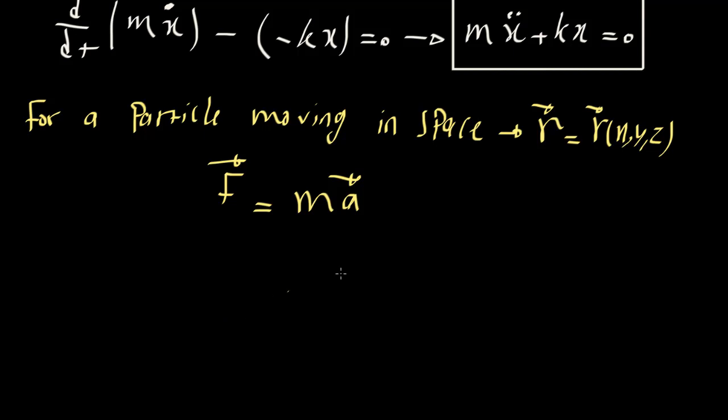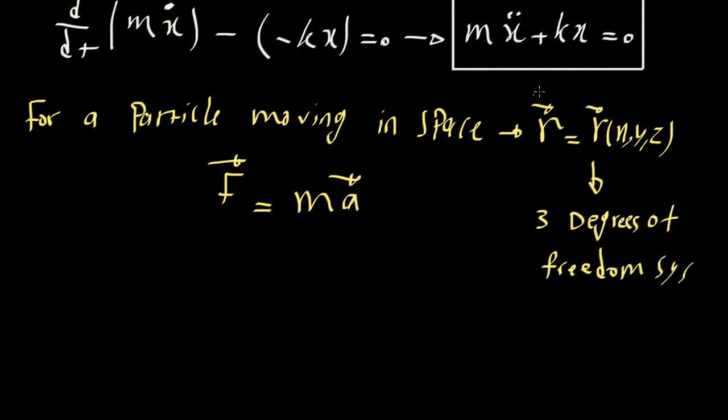But for the Lagrangian approach, basically, we consider each of these coordinates along the coordinate axes as 1 degree of freedom. So this would be a 3 degrees of freedom system, because we need 3 independent variables to fully define the position of that particle.